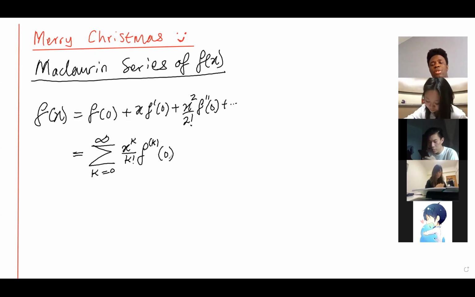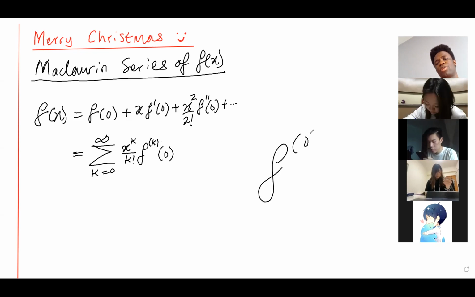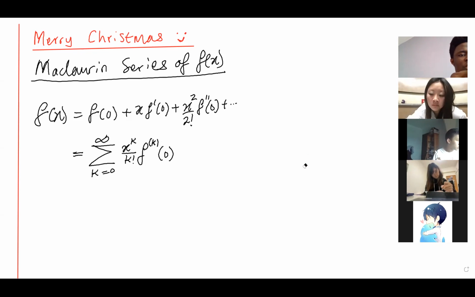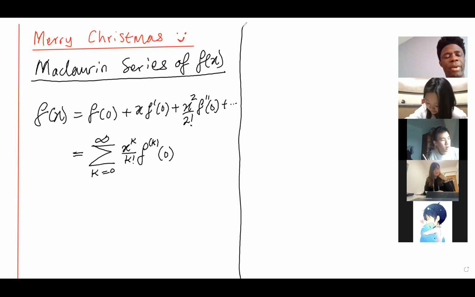So when k is equal to 0, by this you mean zero derivative. Zero derivative means the original function itself. I think we mentioned this yesterday already. So this is what we need to remember.